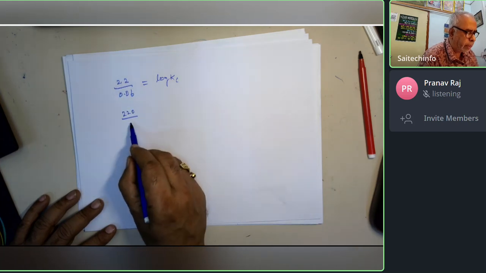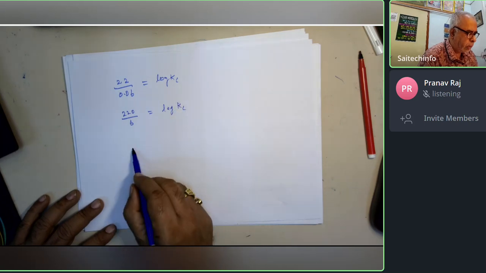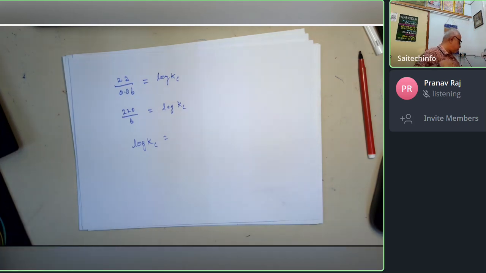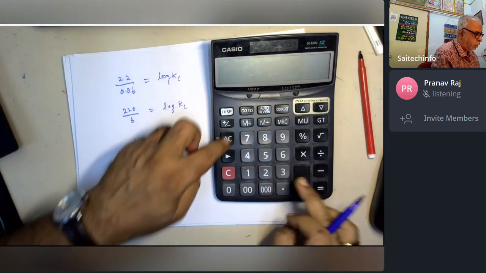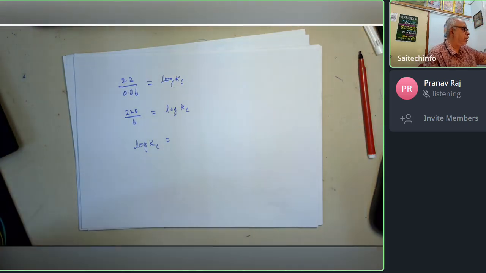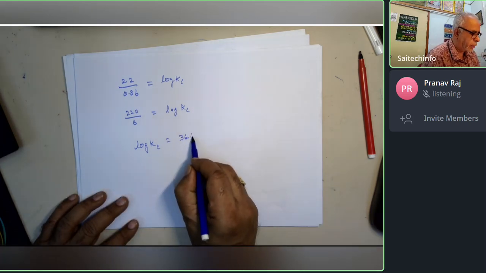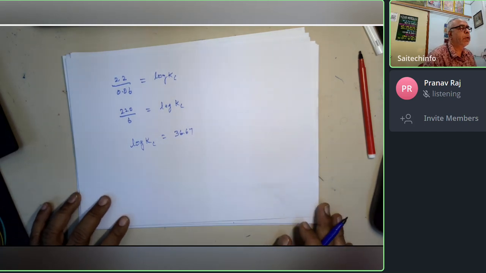So 220 divided by 6 is equal to log Kc. Therefore, log Kc is equal to, so what is the value of 220 divided by 6? 36.67. Okay, so this is 36.67.